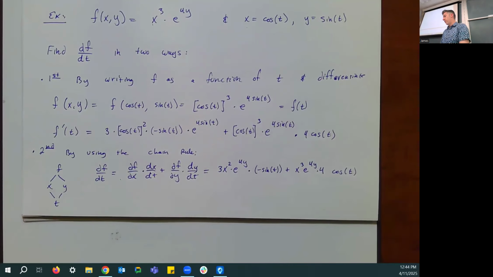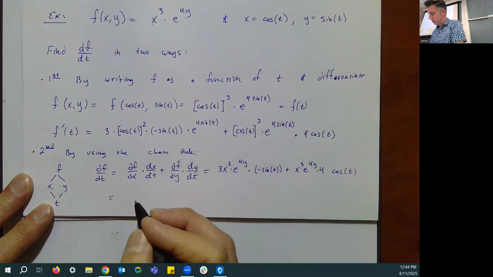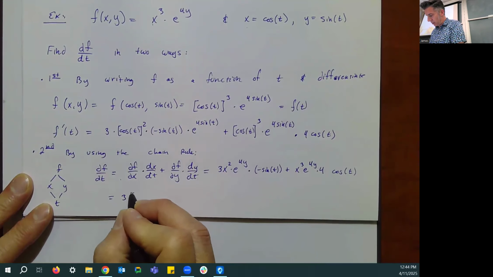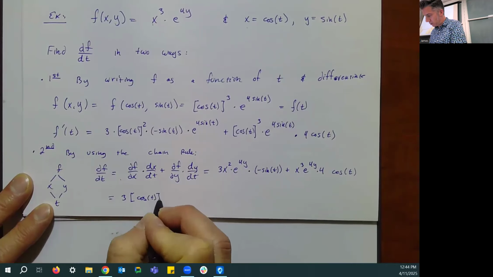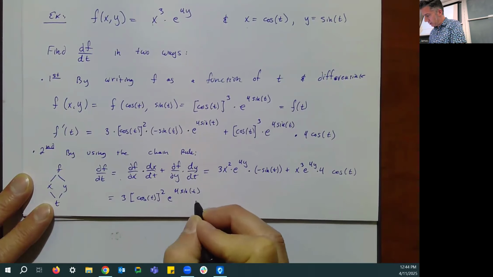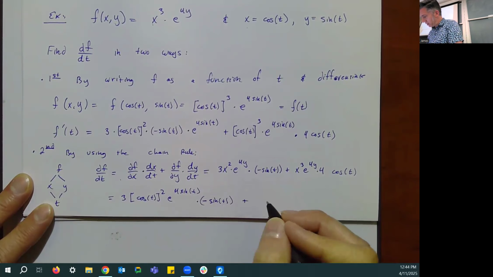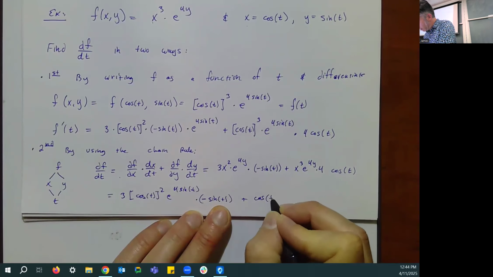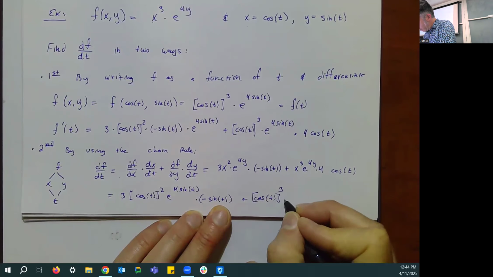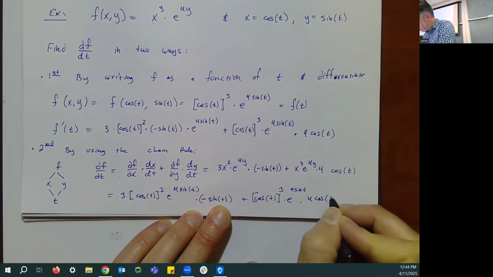And then to fully see the answer, we have to go back and plug in that x is equal to cosine and y is equal to sine. Doing that should end up exactly with the same answer here. Let's do it just to be sure. We're going to get 3 times cosine of t squared times e to the 4 sine of t times negative sine of t, plus, it's kind of gross, cosine of t cubed times e to the 4 sine of t times 4 cosine of t.